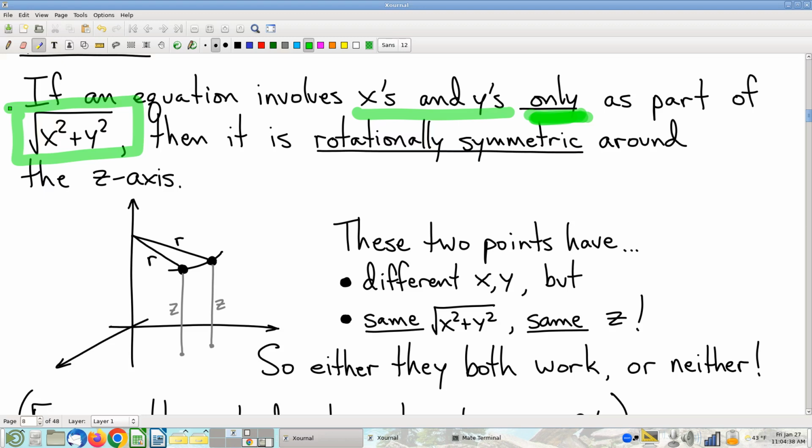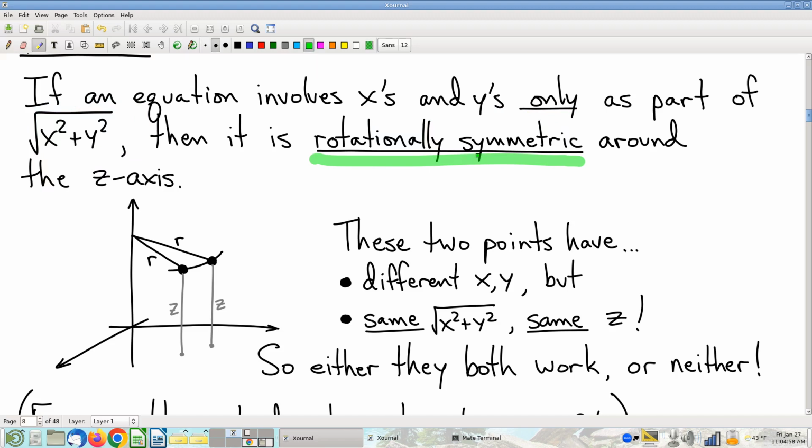Just look at your x's and y's and see, are they all stuck inside of one of these forms? If so, this very easily observed trait instantly gives you this powerful geometric information about your equation, namely the picture is rotationally symmetric.